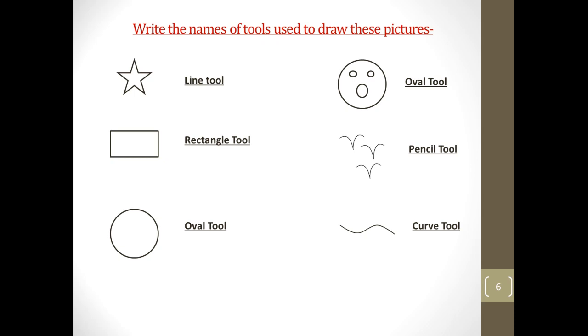We can make this picture by the use of oval tool. And this face picture is also made by the oval tool. Next, these birds, we can make this freehand drawing with the help of pencil tool. And sixth picture is a curve. This can be made by the curve tool.